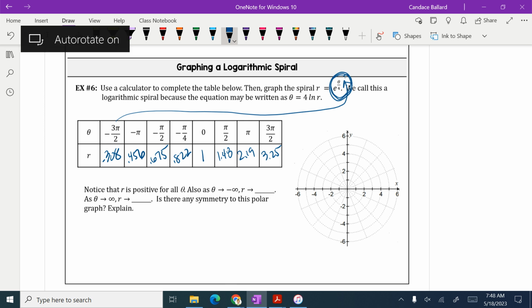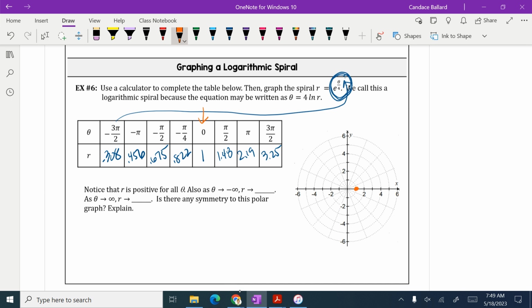So 3 pi over 2, okay, is technically... Doesn't seem right. Oh, okay. I'm going to go to 0 first. Okay, so I'm going to start here with this guy. At 0, I am supposed to be out 1. Everybody good with that? Okay. I'm going to go in the positive direction first, and then I'll come back and do my negatives.